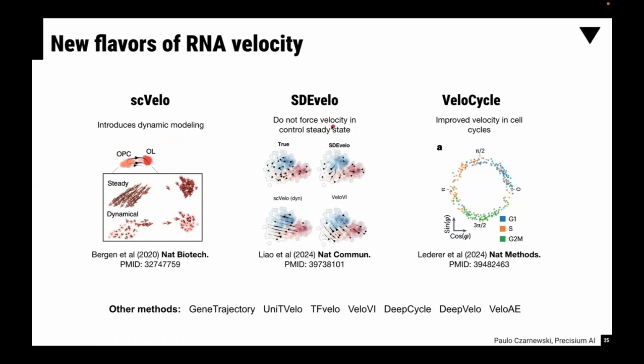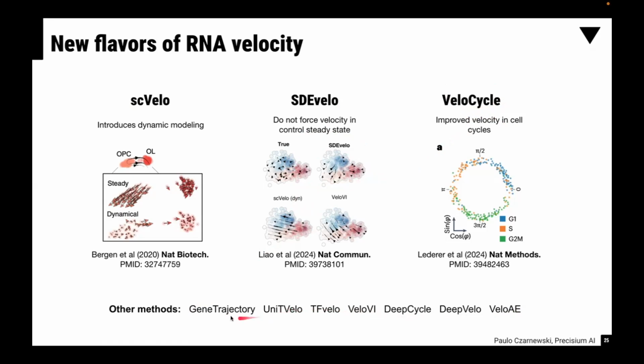SDVelo also tries not to force velocity in a control cell state, let's say progenitor cells that are actually not being differentiated, so they try to update that model. There is also another model for cell cycle that is a little bit improved, and there are still many, many others that came after that.